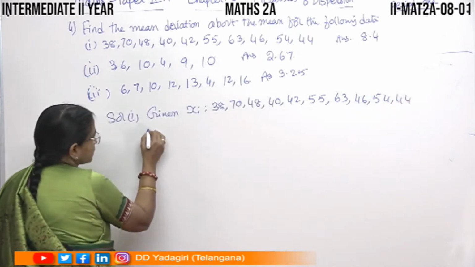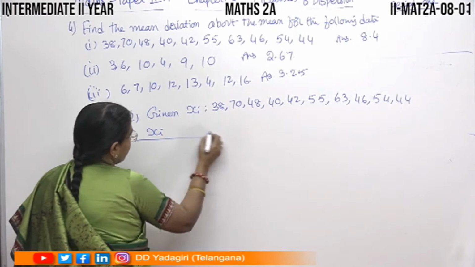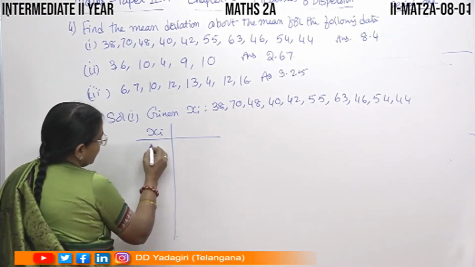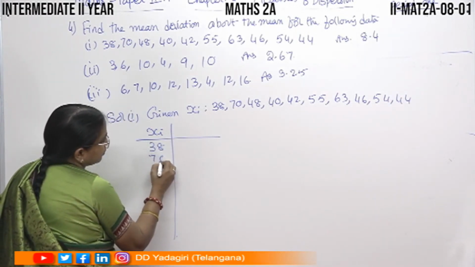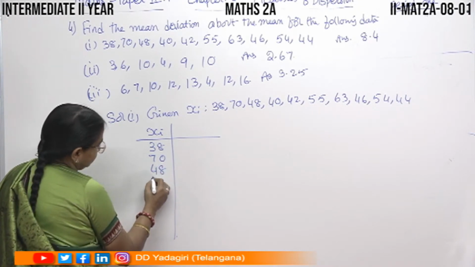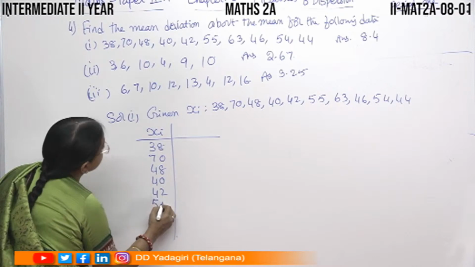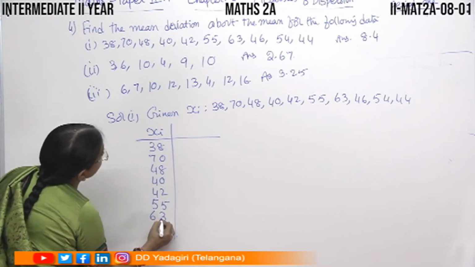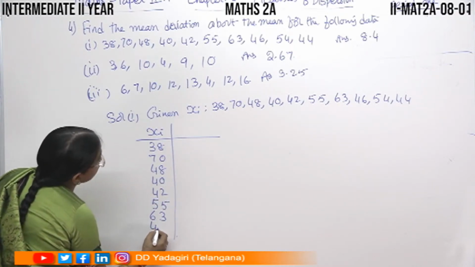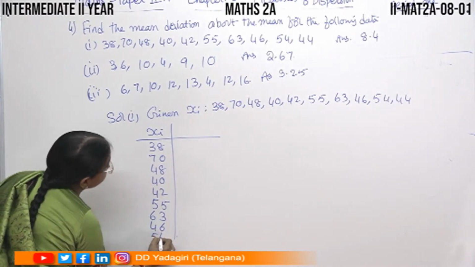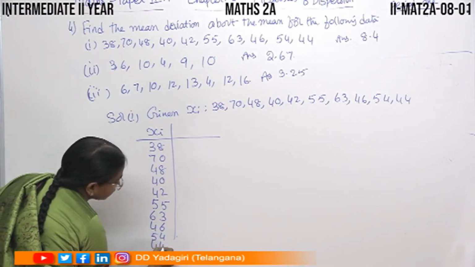Now write in the form of a table like this, with xi: 38, 40, 46, 54, 44.